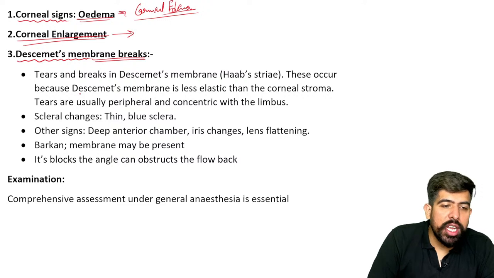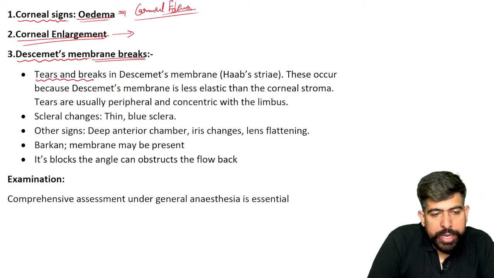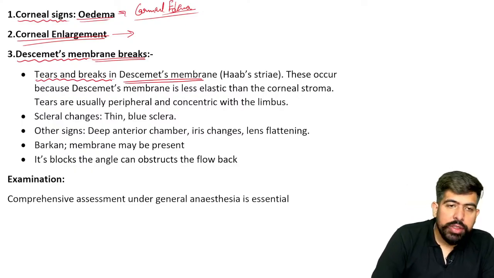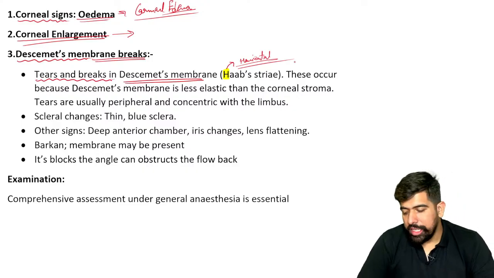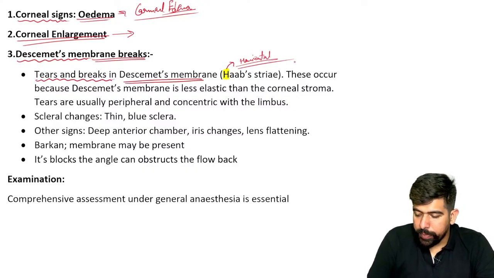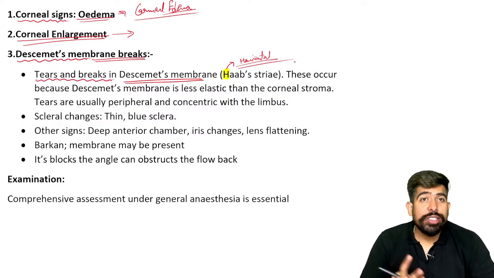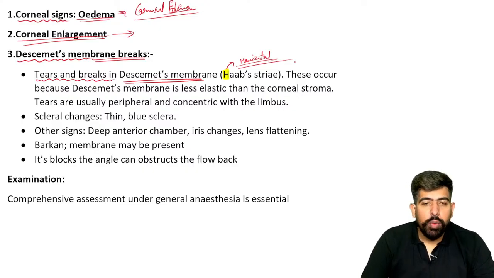Due to this corneal edema, there is a tear or breakage in the Descemet membrane of the cornea, and that's why here there are horizontal ones, and that's why this is known as Haab striae. And Vogt striae, we talk about the Vogt striae, that is vertical. The Vogt striae are vertical.